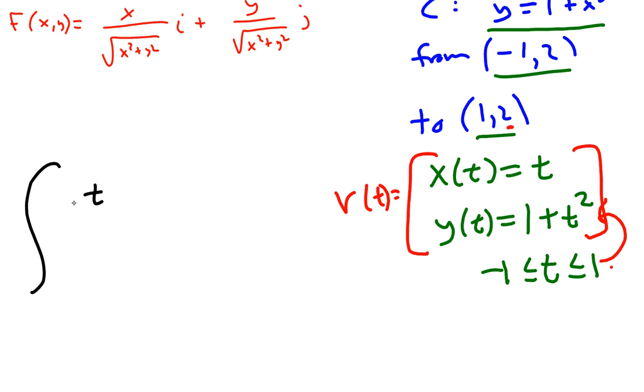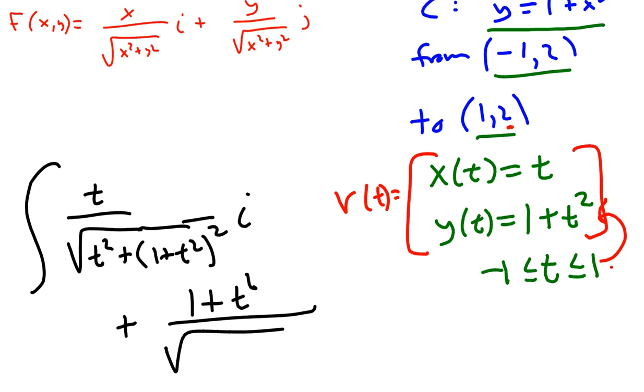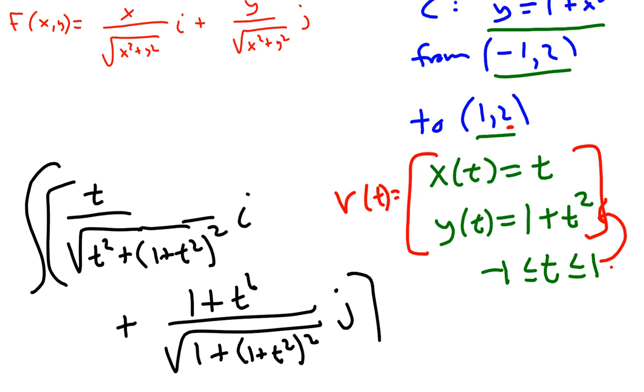Instead of x, we're going to put t, and it's going to be over the square root of t squared plus 1 plus t squared squared times i. So not as nice to look at as the previous problem we just did. Plus, and then y, so 1 plus t squared over the same denominator again, the square root of t squared plus open 1 plus t squared squared, times j. So that whole thing there is f of r of t.